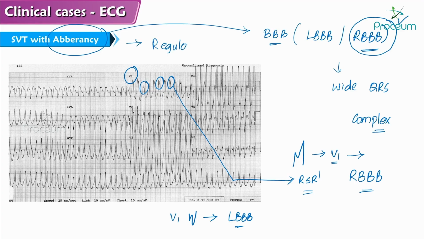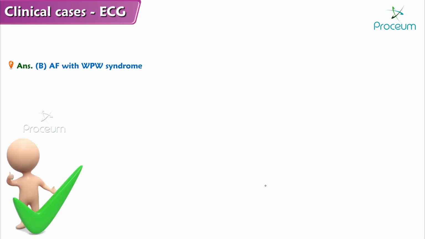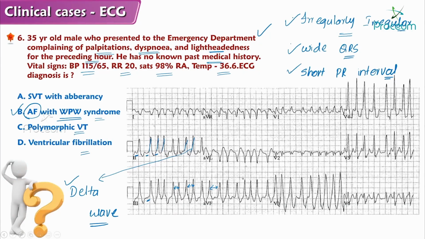In the previous ECG, you have an irregular rhythm. That is the point which is going against SVT with aberrancy.